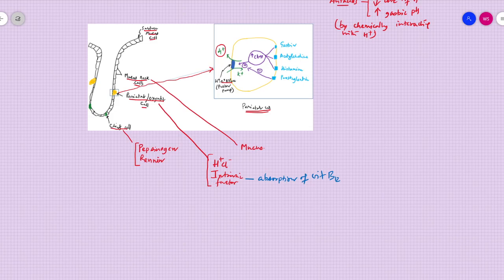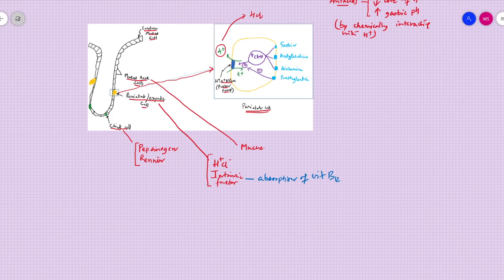That is called the proton pump, because it pumps out H plus, and this H plus ultimately forms the HCl. This is what happens in the parietal cell, and this is the lumen of the stomach. Into the lumen of the stomach, the H plus or the protons are secreted by the proton pump.